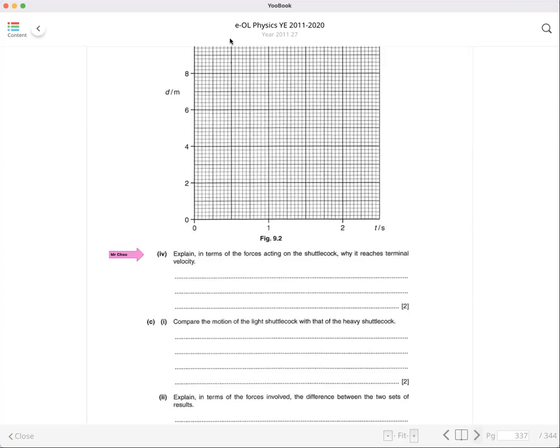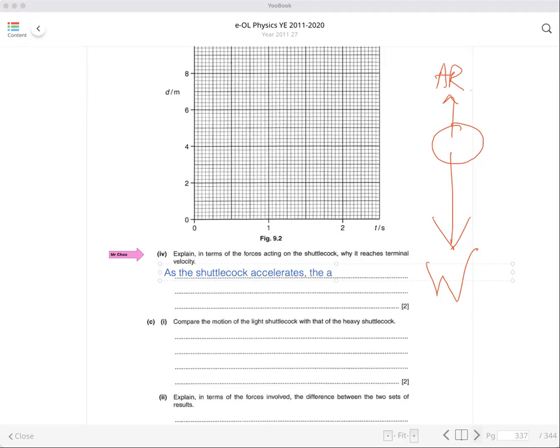Okay, so this is the shuttlecock. You'll have a weight. Then there's also the air resistance. So how do you explain from here? How do I write this answer? As the shuttlecock accelerates, the air resistance increases.